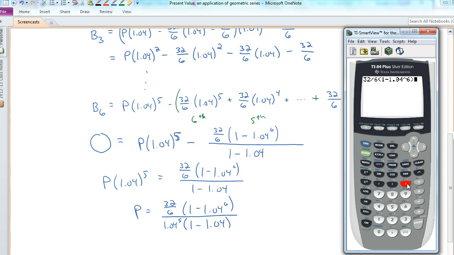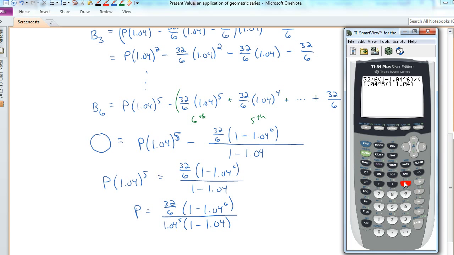Okay. And I'm going to divide by a product of things, so I better put that product in parentheses. 1.04 raised to the 5th. Opening this second term, 1 minus 1.04.